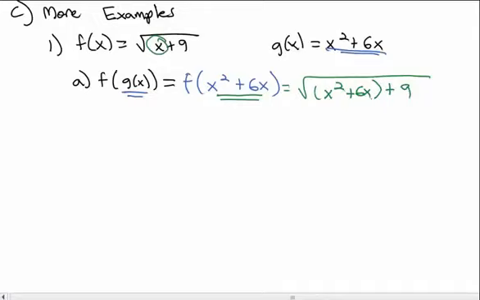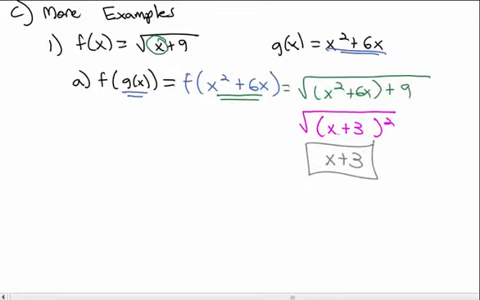Notice we see the g inside the bigger function. Now, in terms of simplifying, you might notice what's under that square root can factor. That is x plus 3 squared. And we have the square root of a square, so this comes out to be x plus 3.